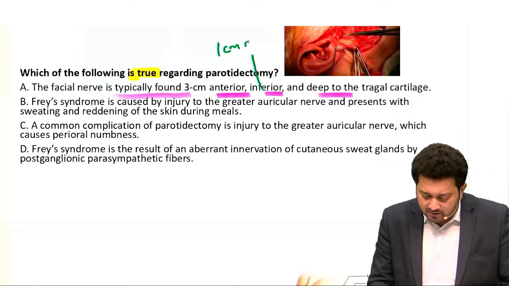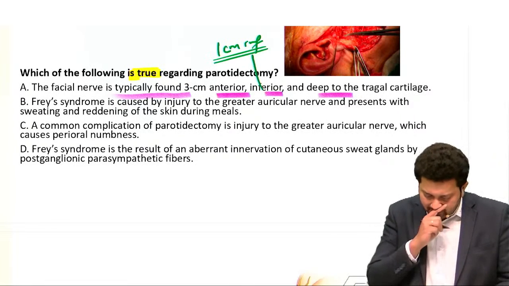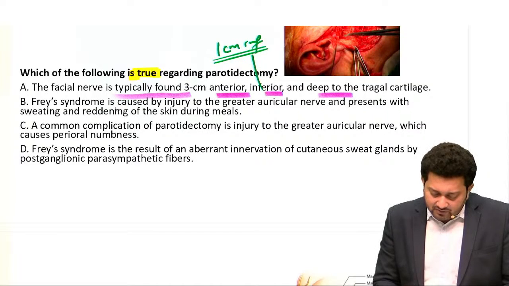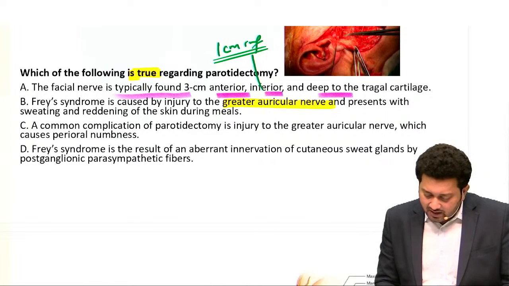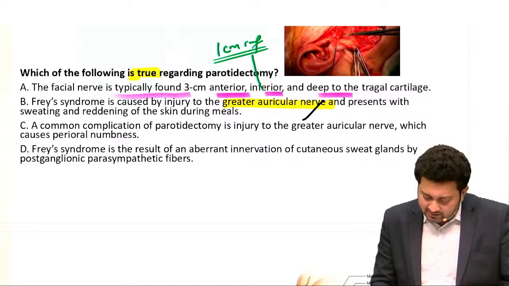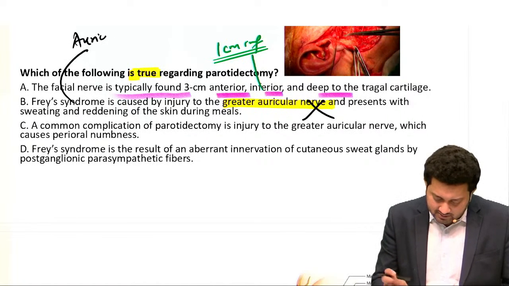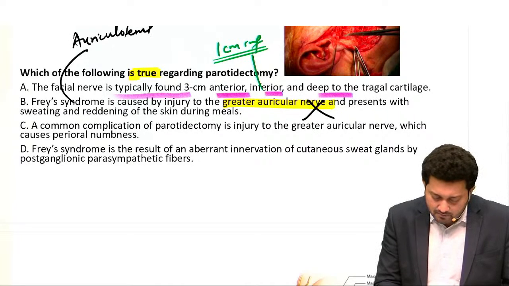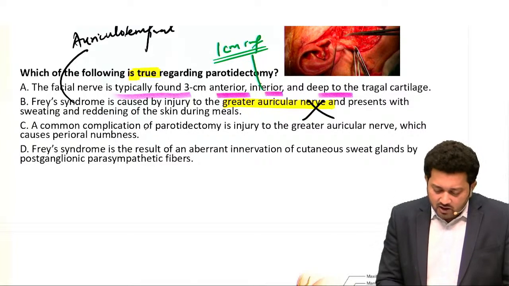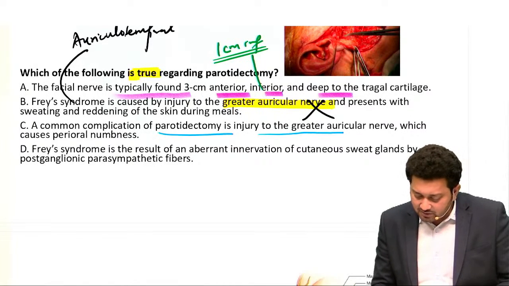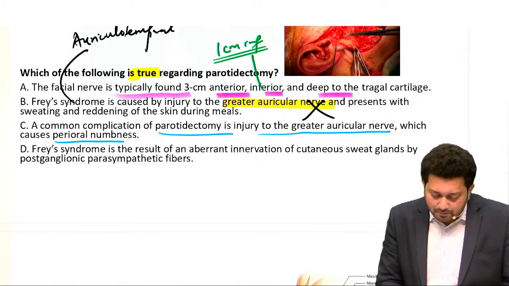1 cm inferior; 3 cm is too far. Frey syndrome is caused by injury to the greater auricular. This is wrong because Frey syndrome is due to, I guess, the auriculotemporal. A common complication of parotidectomy is injury to the greater auricular nerve, which causes perioral numbness.